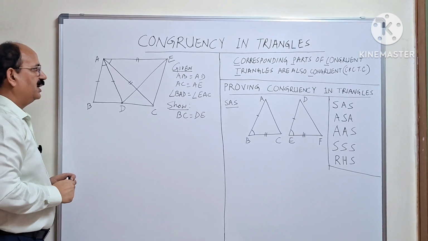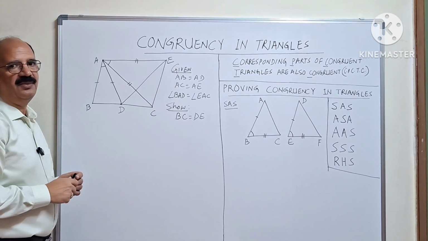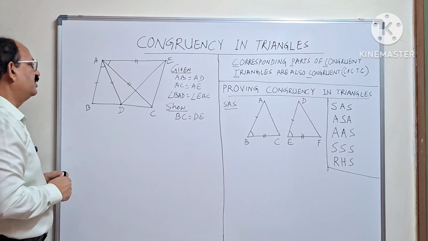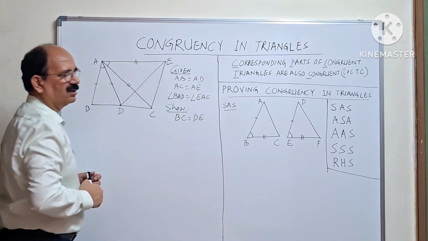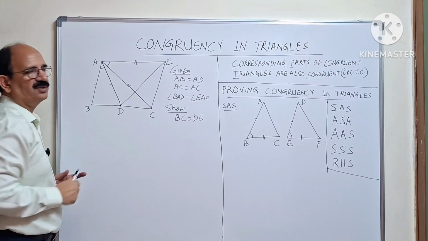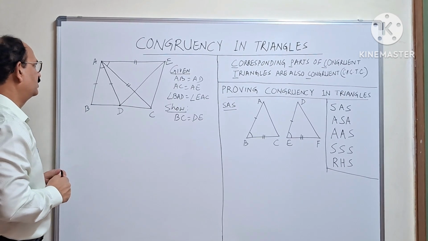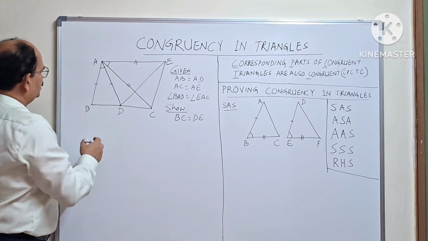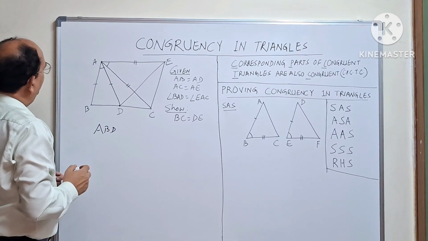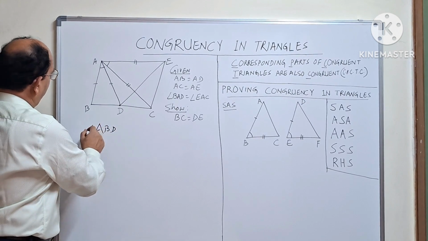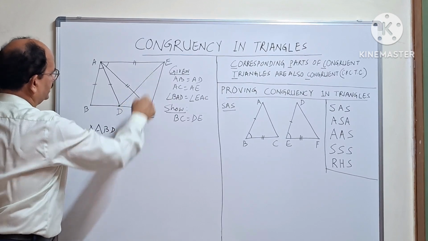Now, if we have to prove BC equal to DE, we will have to prove two triangles congruent, and then we will utilize CPCTC to prove that BC is equal to DE. Now, which two triangles should we choose? Let's choose triangle ABD and triangle DEC.